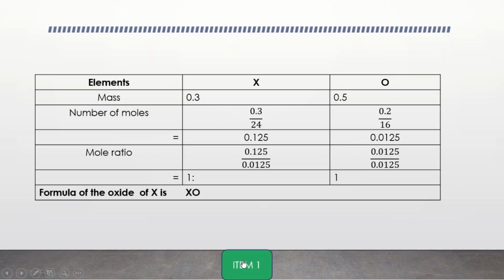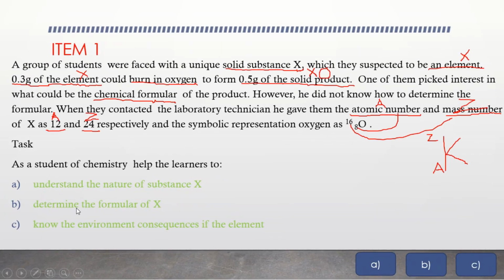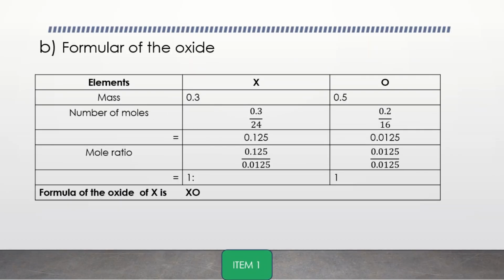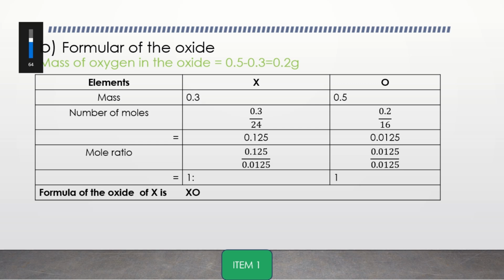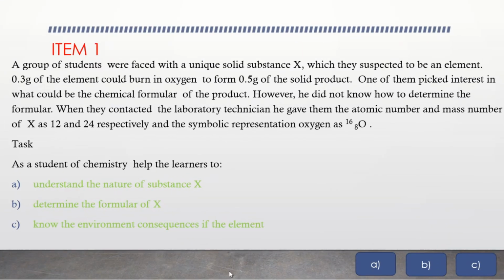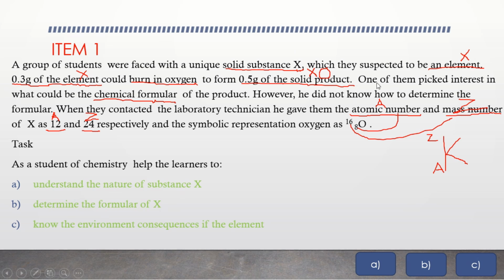So now when we come to the next part, it is saying determine the formula of X. They want us to calculate the formula of X. Now we are on part B, calculating the formula of X. They want us to get the chemical formula of X. Remember, they said that one of the students picked interest in what could be the chemical formula of the product.